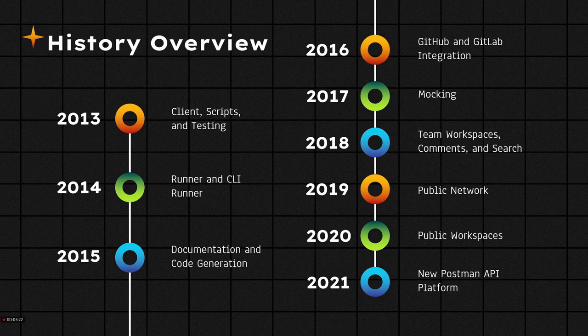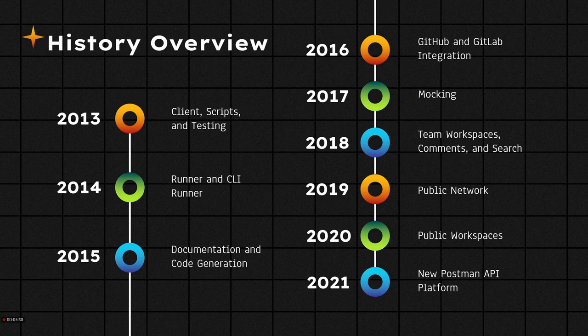In 2016, Postman integrated with GitHub and GitLab. Source control integration for developers became very important, allowing Postman to be more tightly linked to the developer's existing software development lifecycle, so that artifacts and tests can be kept in alignment with source control.